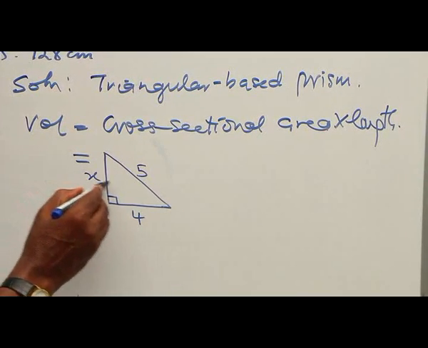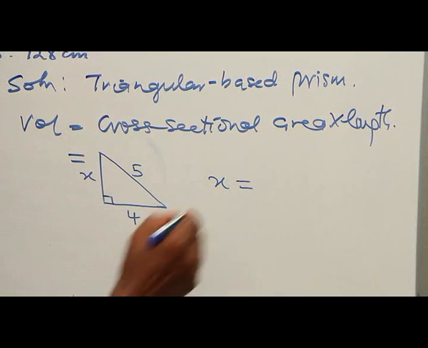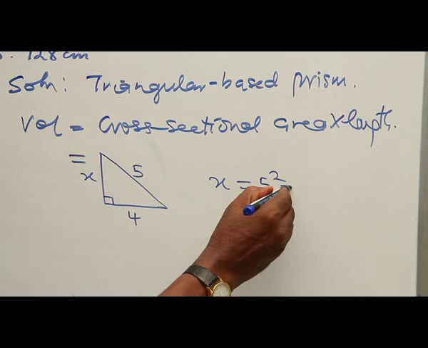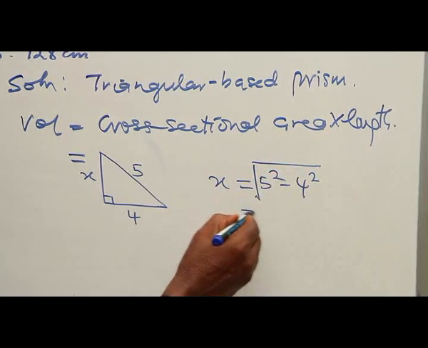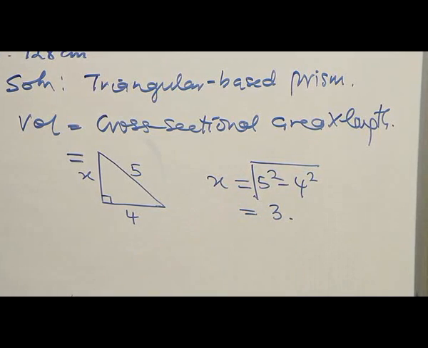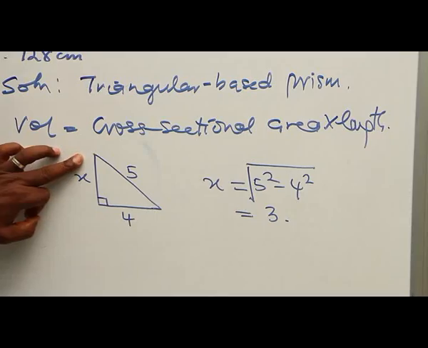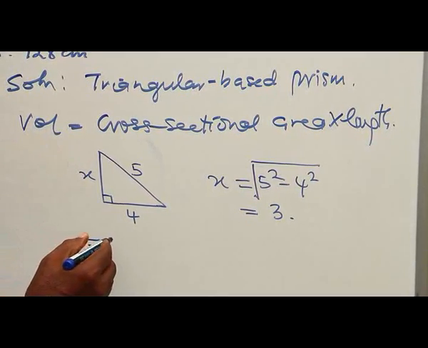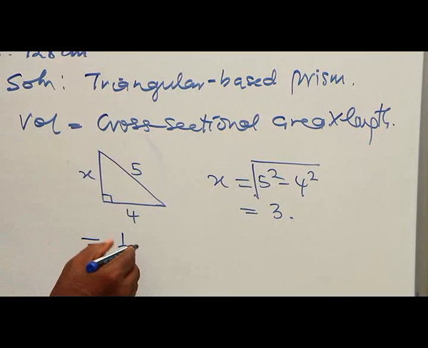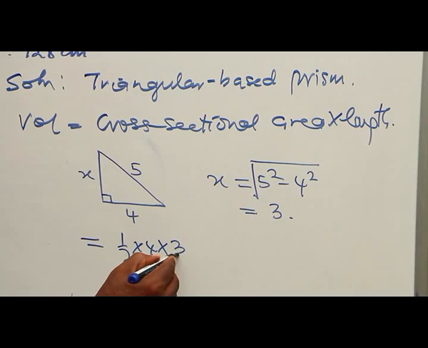So you can find your S. From Pythagoras rule, your S will be equal to 5 squared minus 4 squared and everything under square root, and that will eventually give you 3. So, to find the volume, we have half of the base, which is 4, times the height, which is 3.